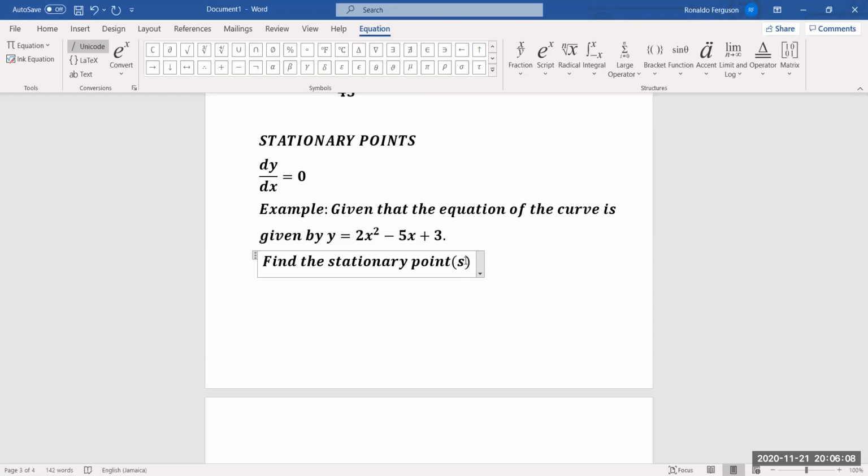How do you think we do this question? You differentiate the equation. Very good. So let's differentiate it. So dy by dx equals 4x minus 5.